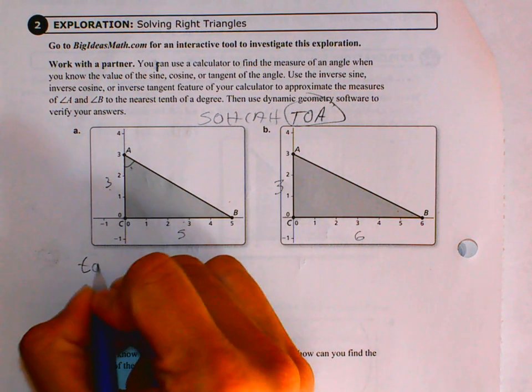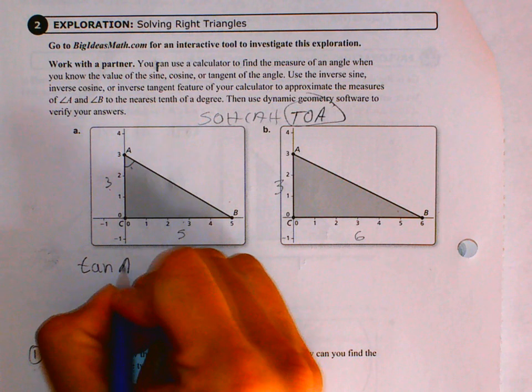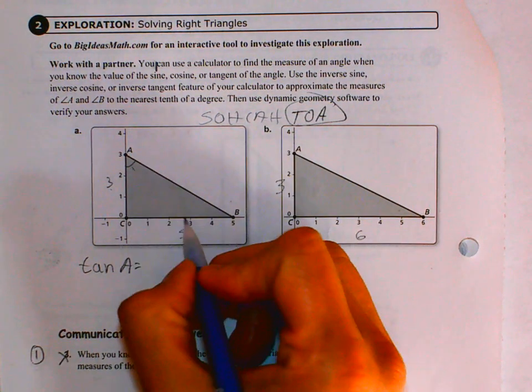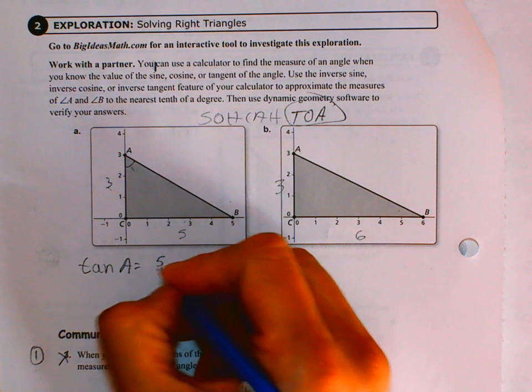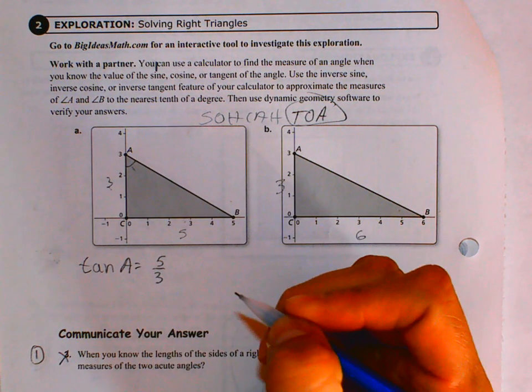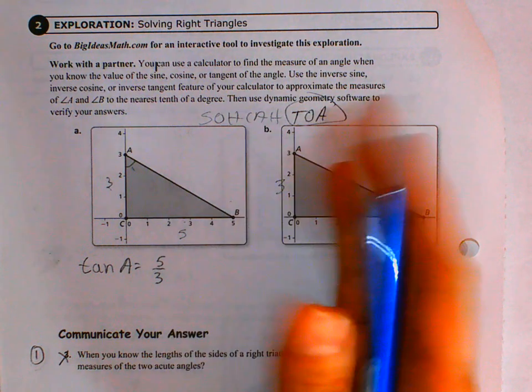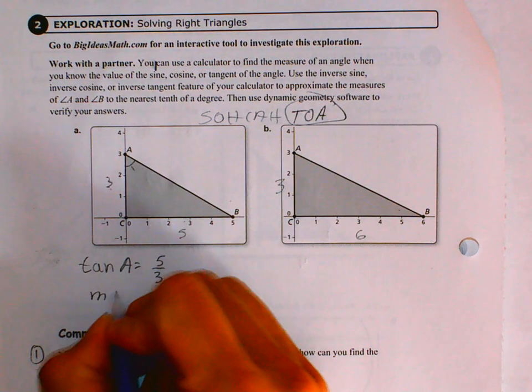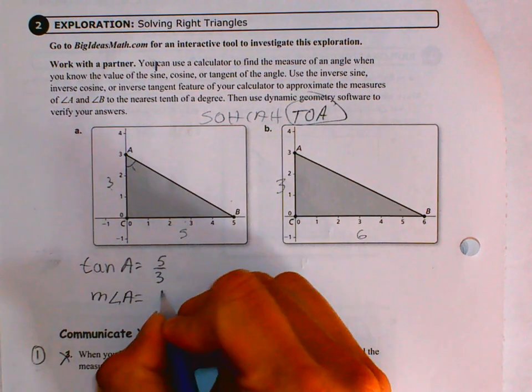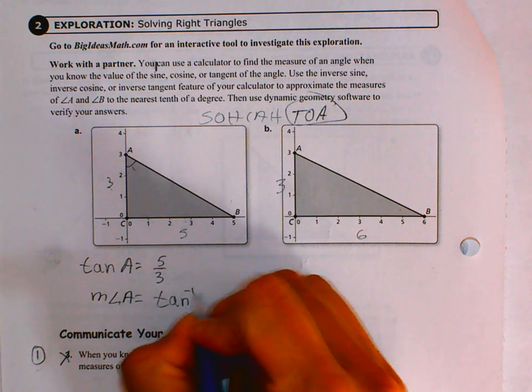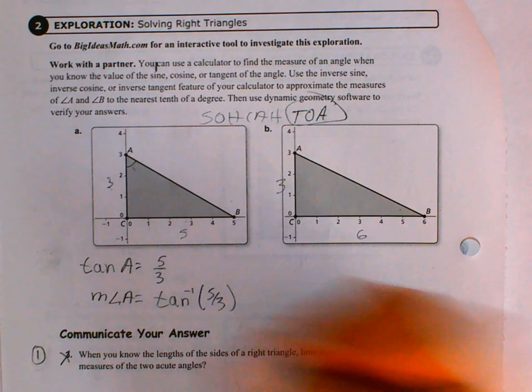So tangent of angle A is equal to the opposite over the adjacent, 5 over 3. Now I'm going to use that ratio to find out what the angle is. So the measure of angle A is equal to the tangent inverse of 5 over 3.